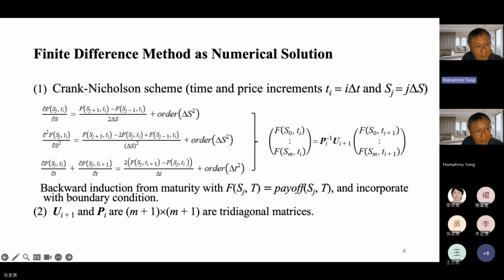You can see I have two column matrices. On the left-hand side at time t_i, with different discrete prices, what happens at t_i can be related to what happens at t_{i+1} for the same set of prices.